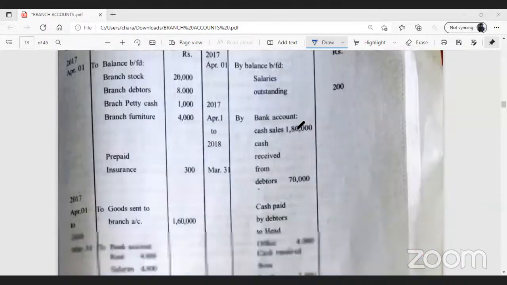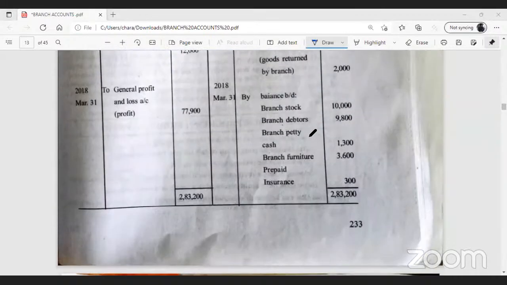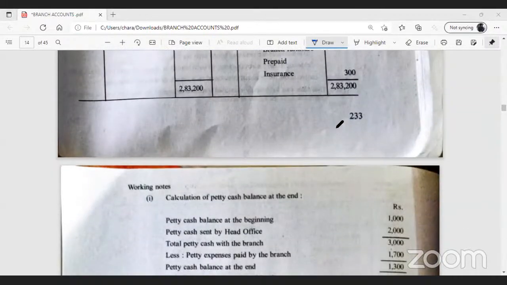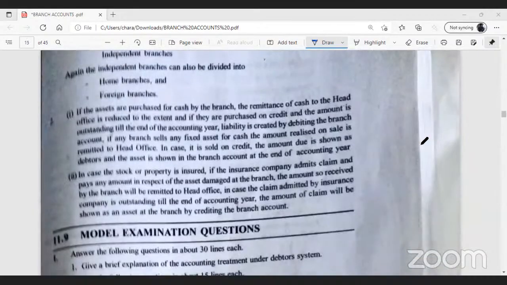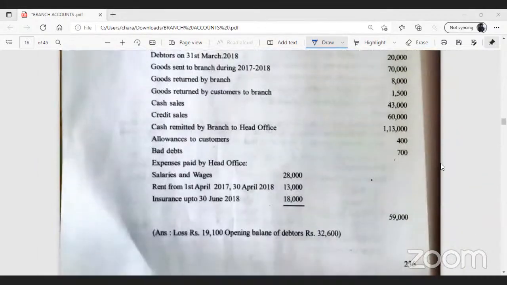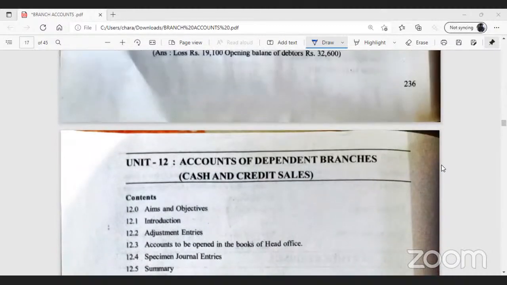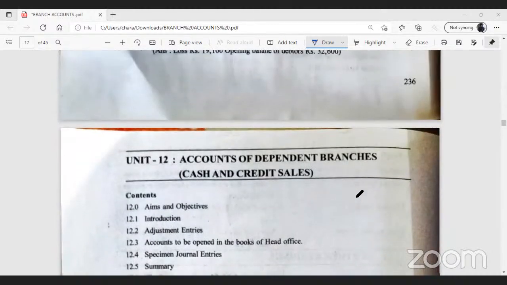That's about our branch account, and you have dependent and independent branches also. Till now what we did, please concentrate. It's not possible to complete the dependent or independent in one class. This is the dependent branch.